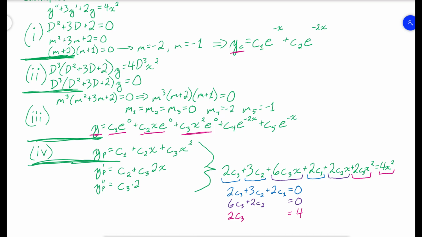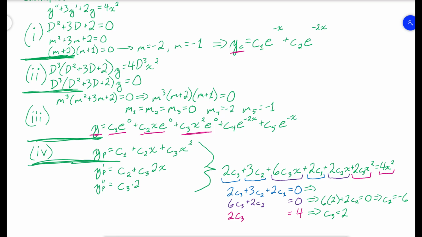So if I do that, 2c3 equals 4 tells me that c3 must equal 2. Plugging that in, then I know that 6 times 2 plus 2c2 equals 0, which tells me that c2 must equal -6.